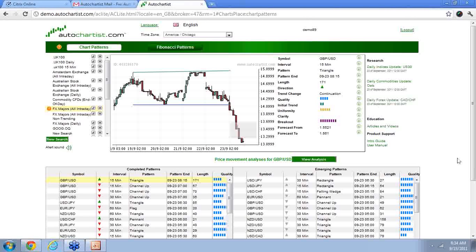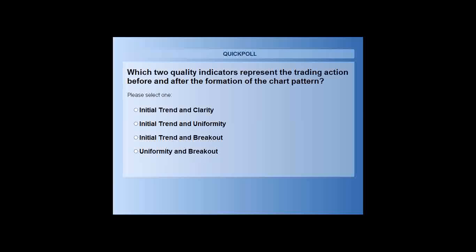Okay, and we have a 4th question here that's coming up also while we're in this section. And that is, which 2 quality indicators represent the trading action before and after the formation of the chart pattern?